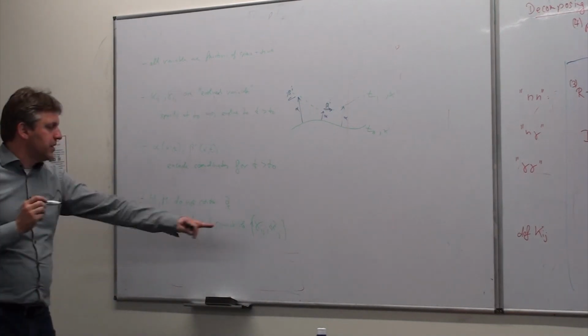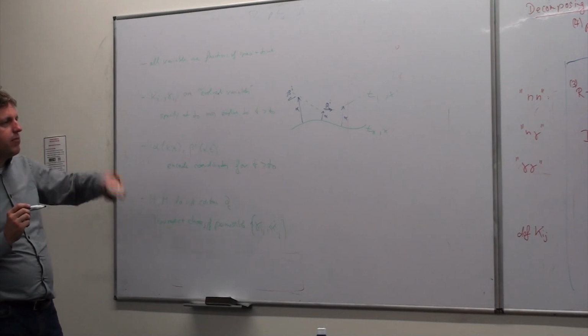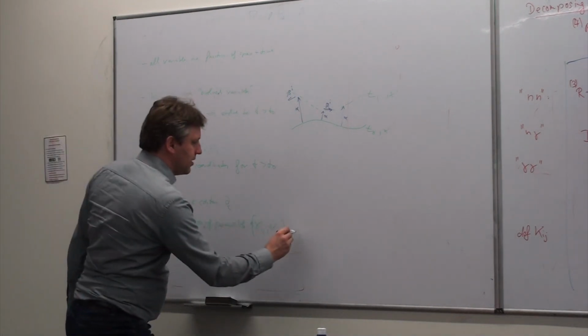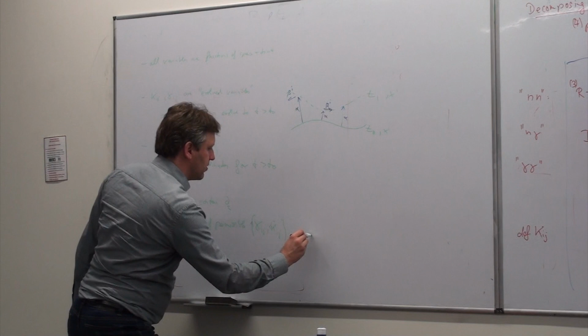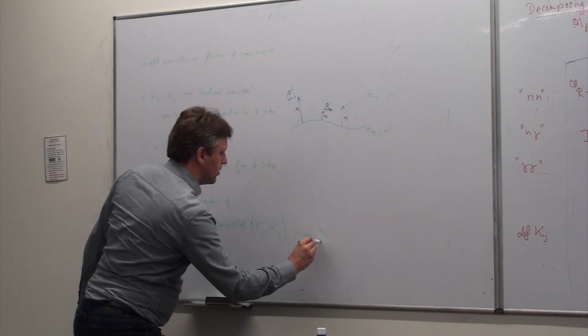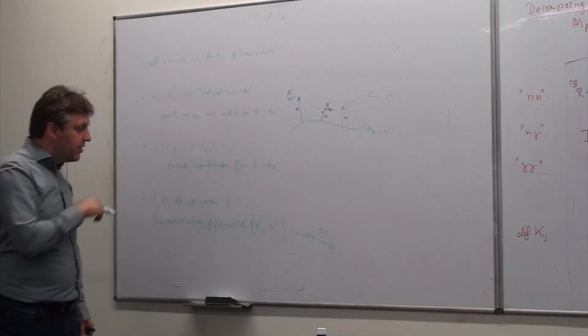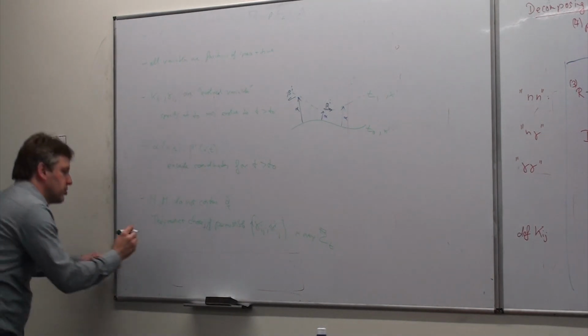And these restrictions happen in every hypersurface, sigma t. So these are called the constraint equations.